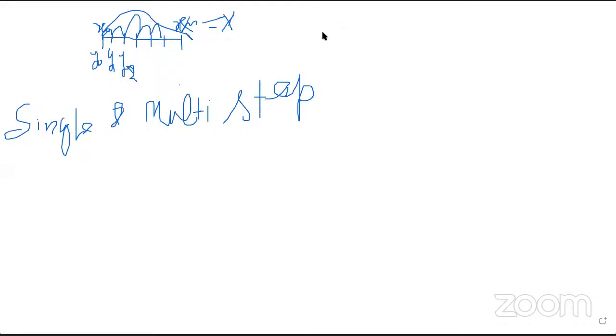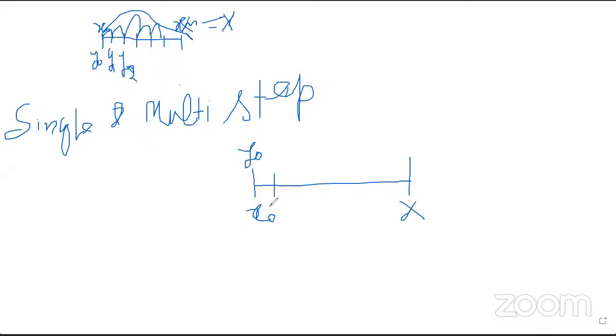Okay, I'm writing a new one. So suppose this is our domain basically. Am I right? So what we are doing, suppose this is X node, and this is our capital X, and at X node I know the value, and now we are moving step by step using the Y node.